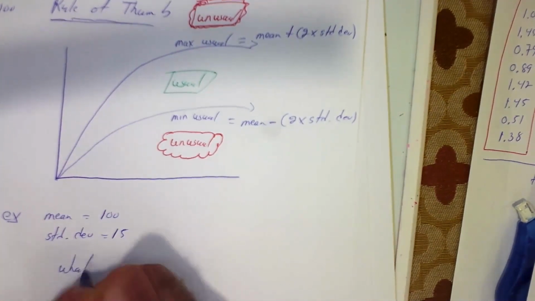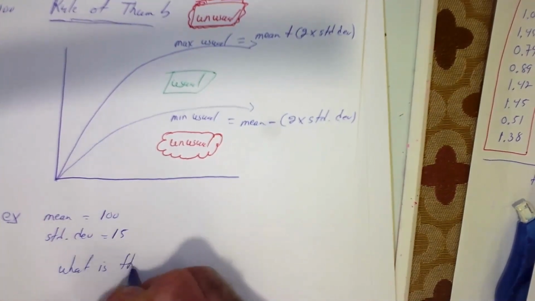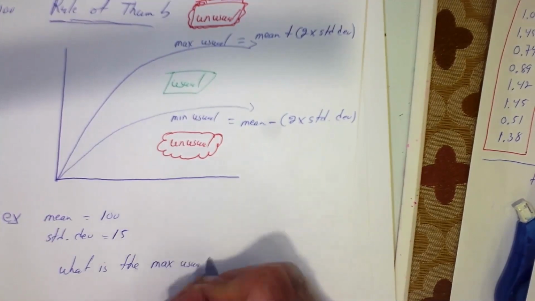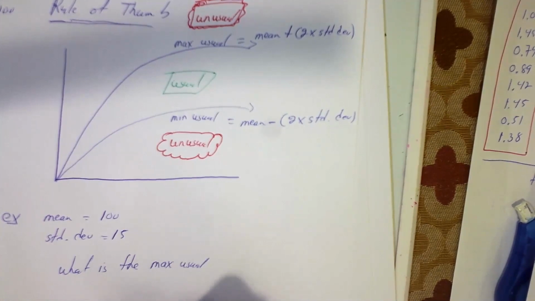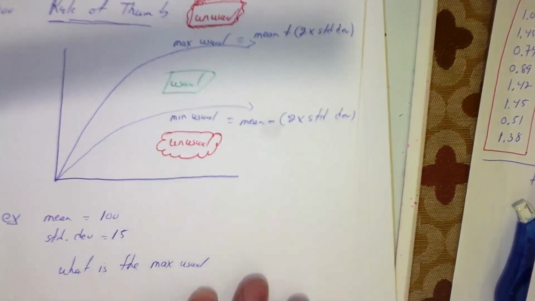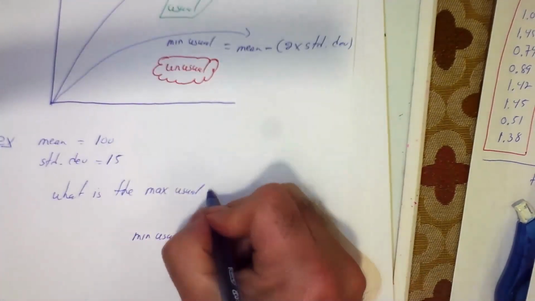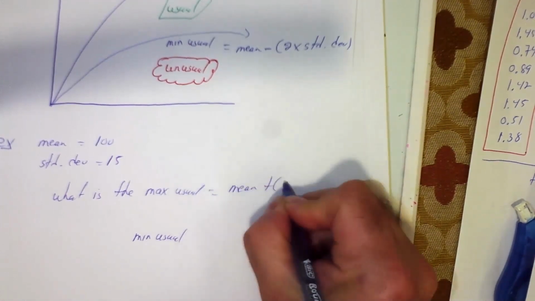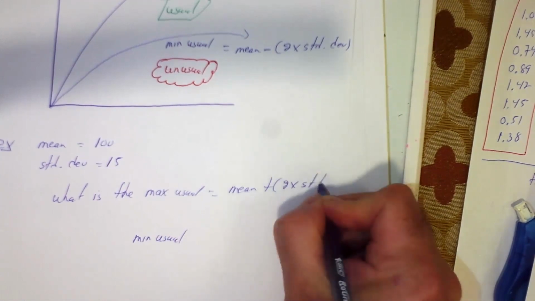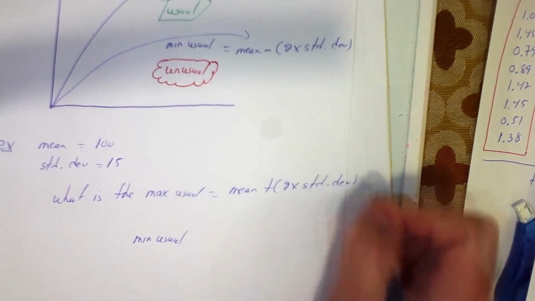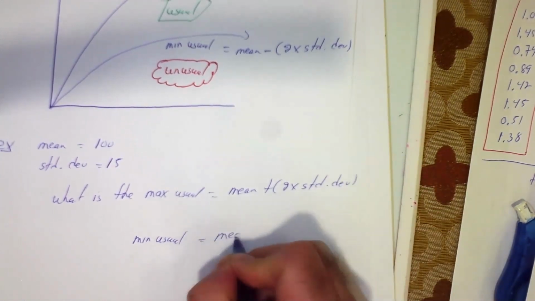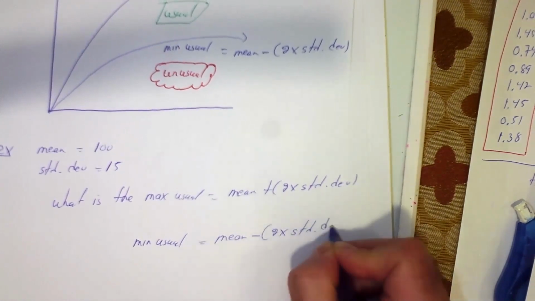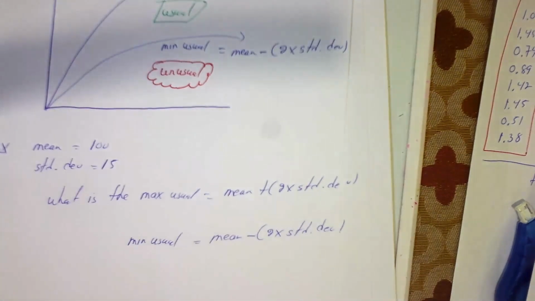What is the max usual and min usual? Well, let's write down our formula. Mean plus 2 times standard deviation. Mean minus 2 times standard deviation. And we just plug them in.